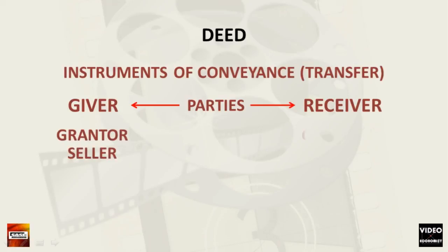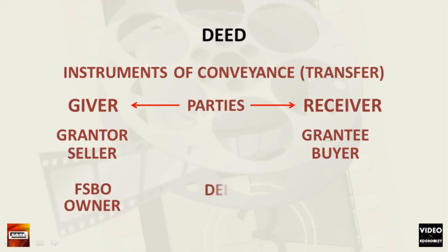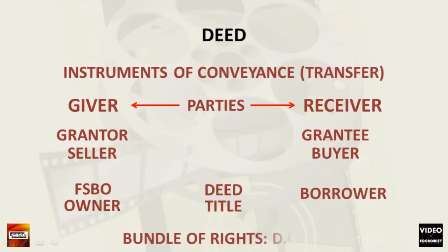The giver, who is the grantor, most likely the seller, gives the deed to the grantee, who is the buyer. Now, for an example, it may be a sale by owner property, in which case the for sale by owner gives the deed or title both to the borrower, who is the receiver.